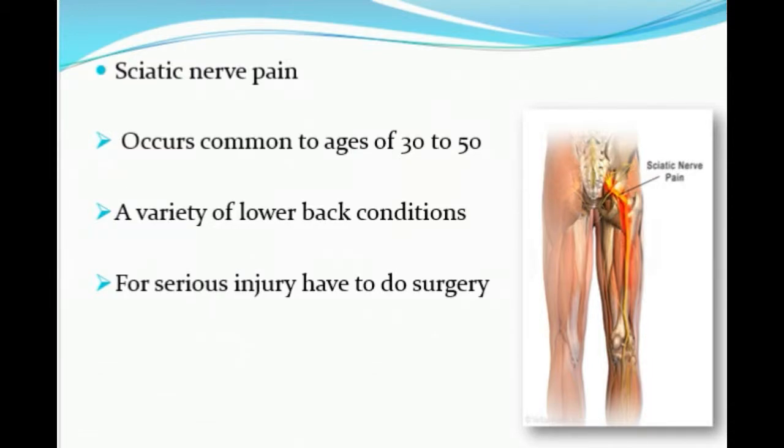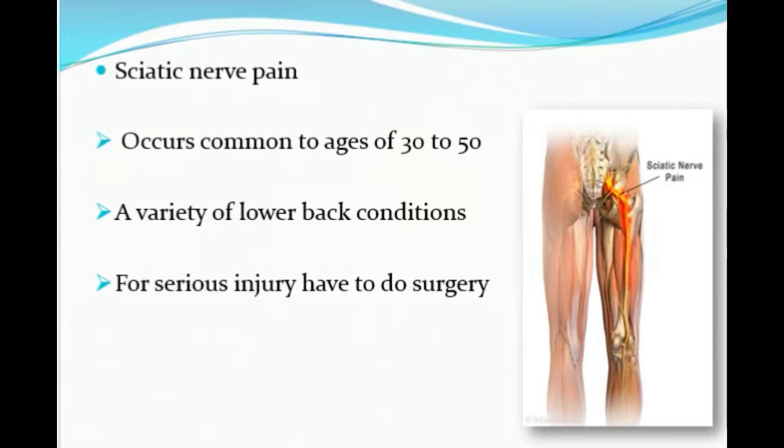Sciatic pain is caused by the iliopsoas. The iliopsoas originates from the anterior lumbar vertebrae through the pelvis. It inserts into the top inside of the thigh bone, as you can see in the slides, the yellow line.